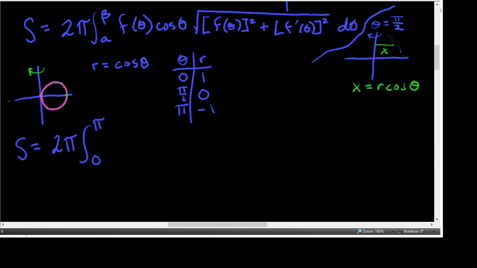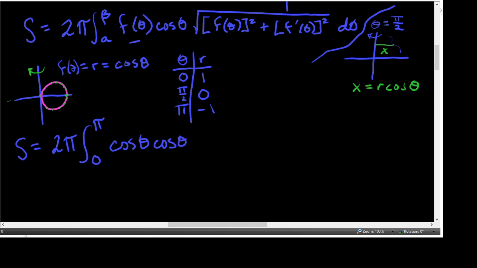Okay, so our f of theta, of course, is cosine theta. So cosine theta times the other cosine theta.